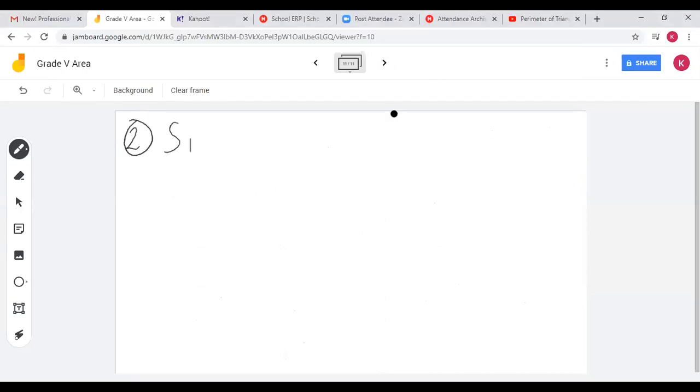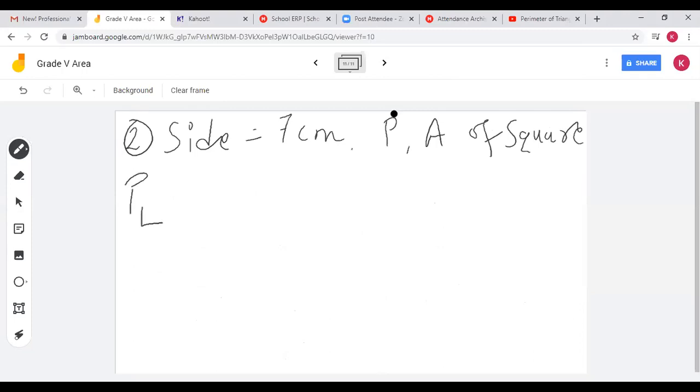Side is equal to 7 centimeter. Find perimeter and area of a square. So we have got the side. I'm going to draw a square here. Perimeter of a square is 4 times the side.